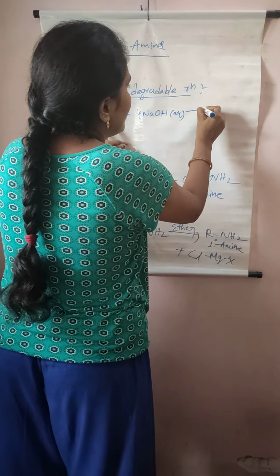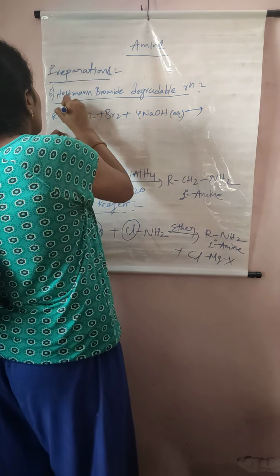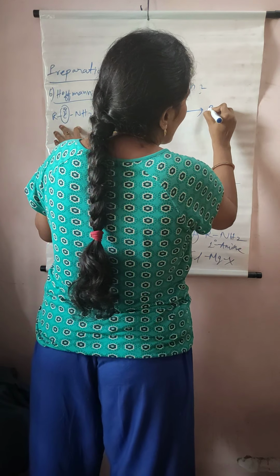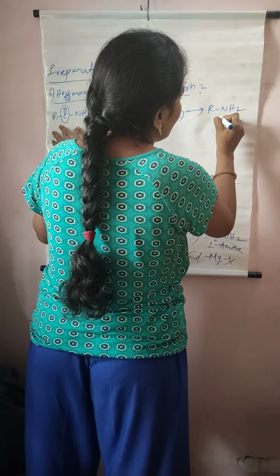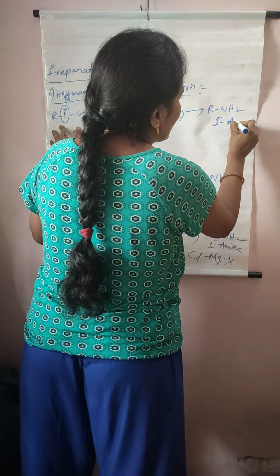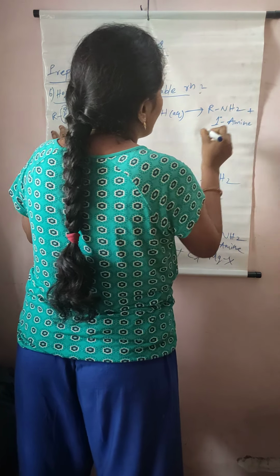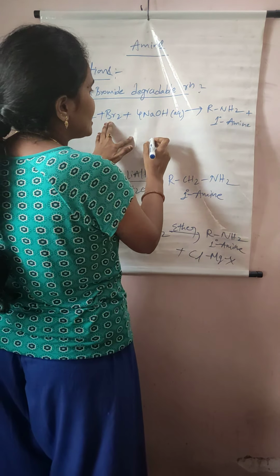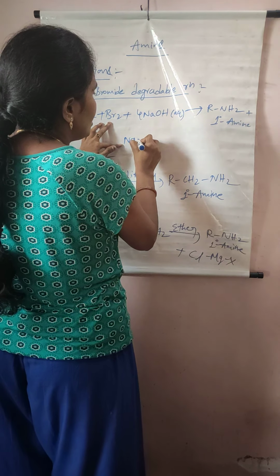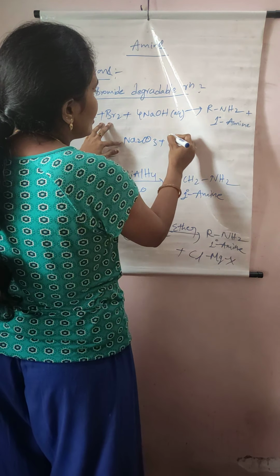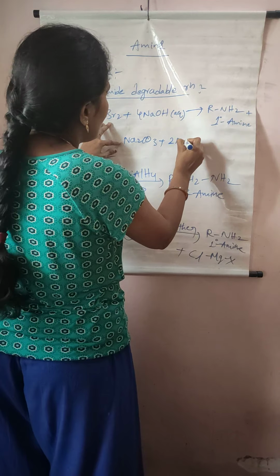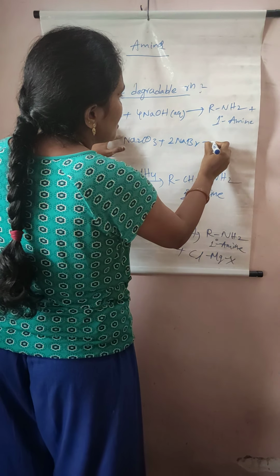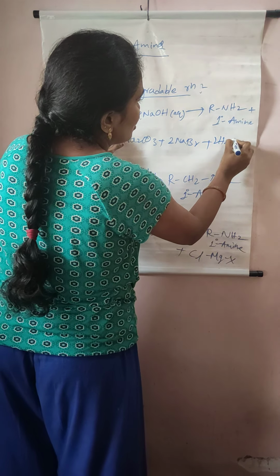Then you get the primary amine, RNH2. Along with it, 4 NaOH is there, and you get Na2CO3, 2 NaBr, plus 2H2O.